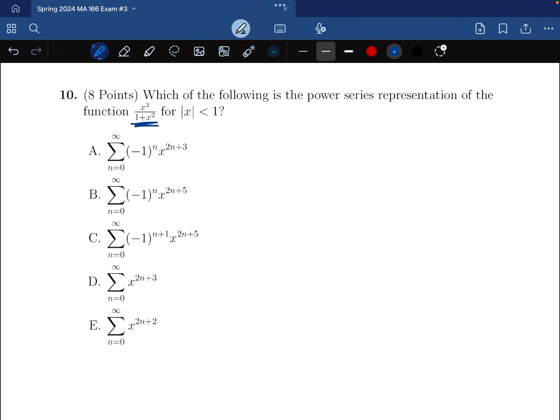First is the sum of a geometric series. The sum of a geometric series is equal to a over 1 minus r, where a is the initial term and r is the common ratio.